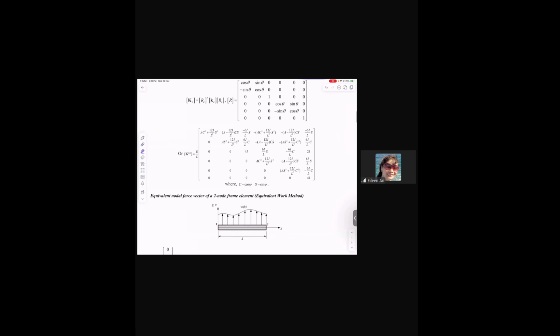How? Here are the equations. You need to use the K matrix in its local coordinate system, multiply the transformation matrix. Yeah. And the result is this one.